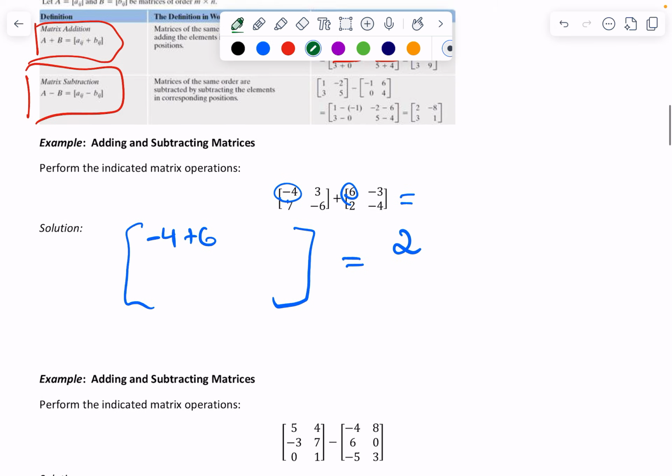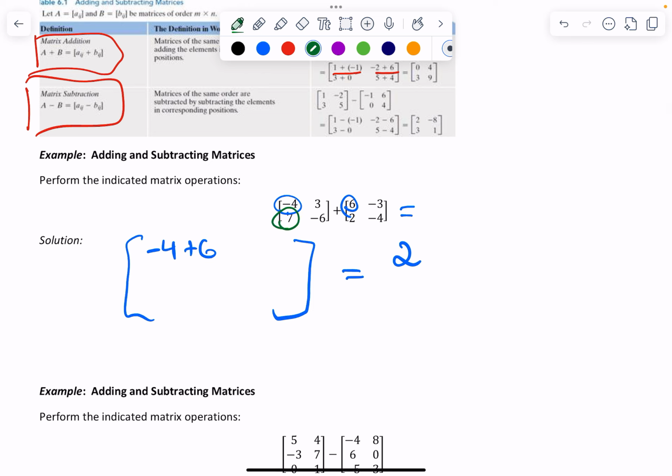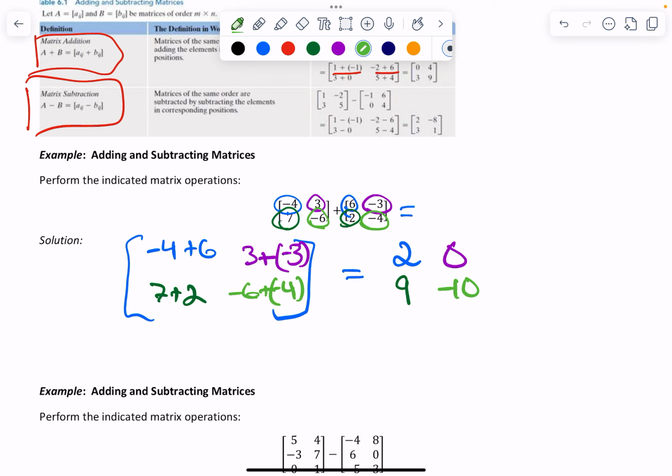Next, second row, first column, 7 plus 2, which is going to be 9. Then first row, second column, 3 plus negative 3, that's a 0. Negative 6 plus negative 4 is going to be negative 10. And that is our matrix when we add.